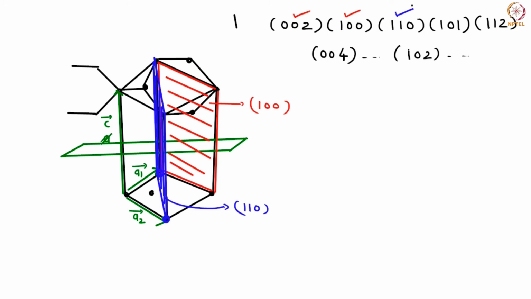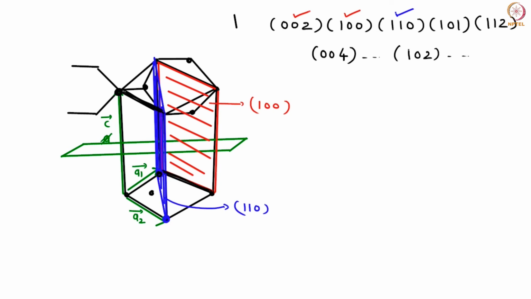Now we move on to the 101 plane. How will you draw the 101 plane? Again, over here the intercept is 1. It is parallel to A2 because the intercept is now 0. However, there is intercept 1 on the C axis. So basically this is the plane over here and over here.